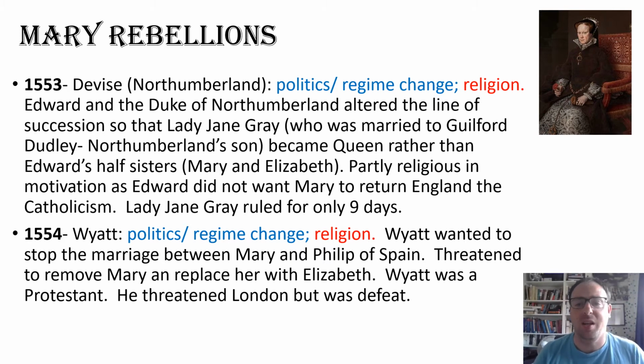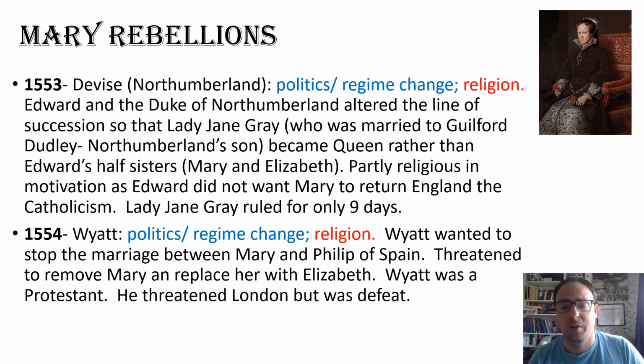They take Edward's 2 half-sisters, Mary and Elizabeth, out of the line of succession, and they replace them with Lady Jane Grey, who was a blood relative of Edward, and therefore had royal blood, and also just happened to be married to Guildford Dudley, the Duke of Northumberland's eldest son. What a coincidence!